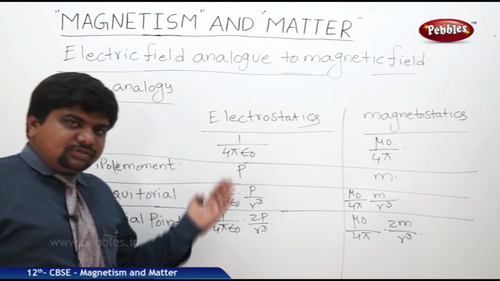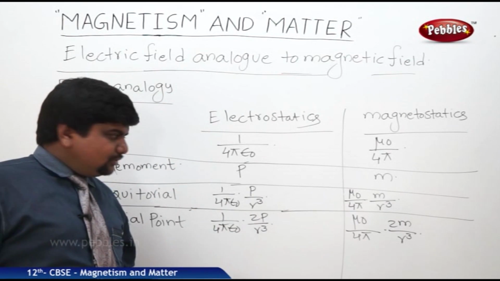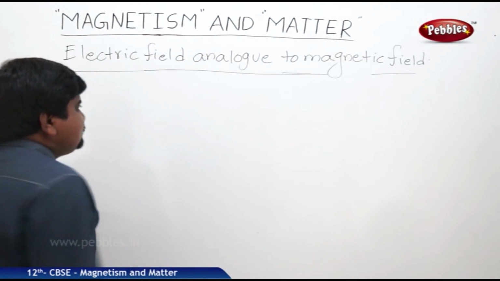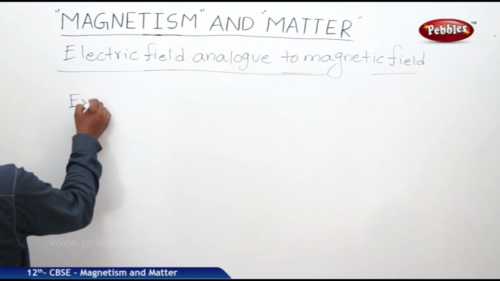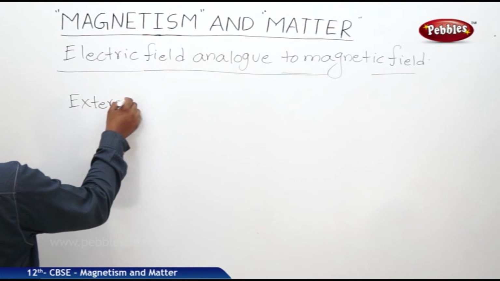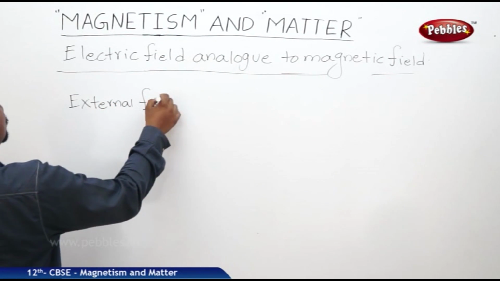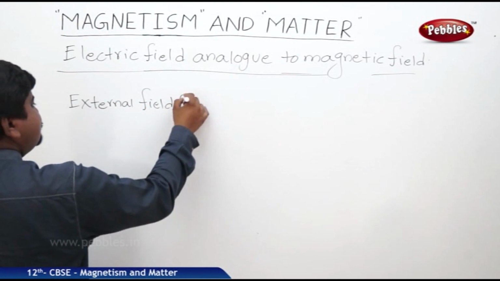In an external field, there is energy and momentum. First one is torque.